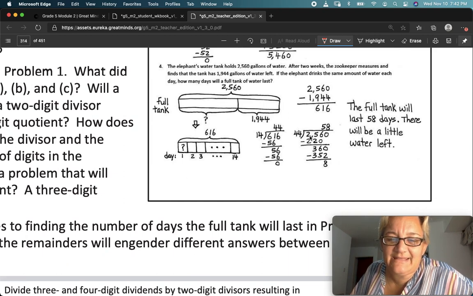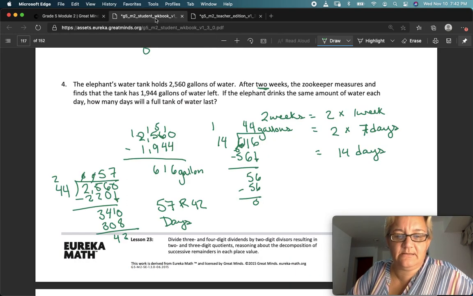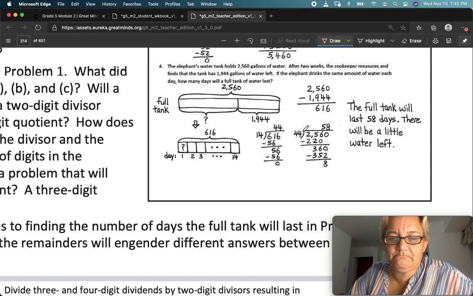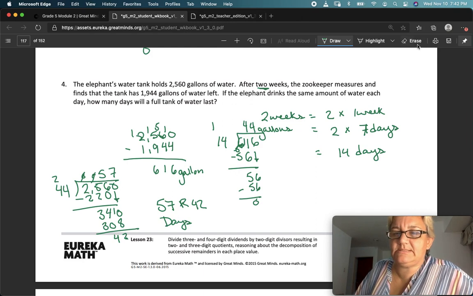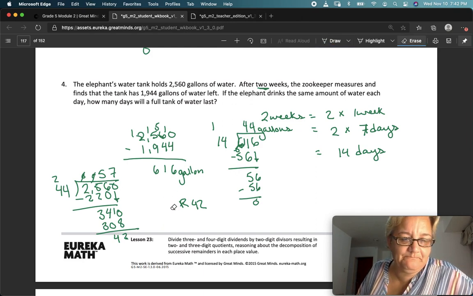And then they said that went into their 58 days with 8 remaining. Is that what we said? No, we had 57 days with 42 remaining. All right, let's try it again. Clearly we made a mistake somewhere.